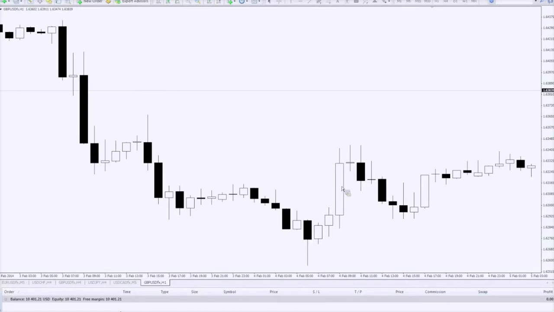If I put my mouse on top of any candle in those boxes, it gives me all the data for that candle. So in this case, my opening price was 1.62931.